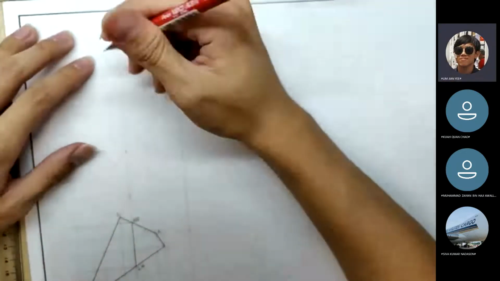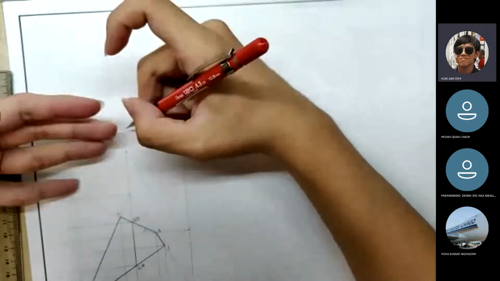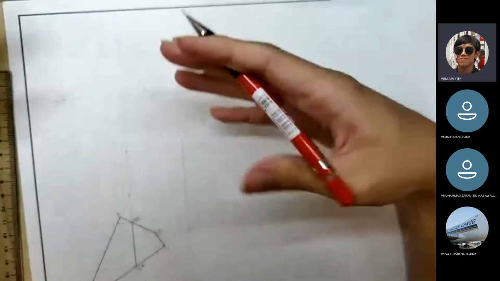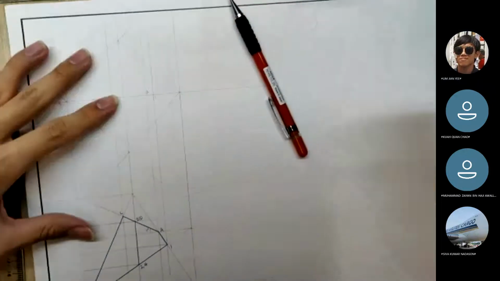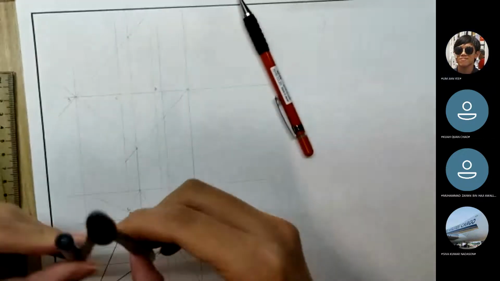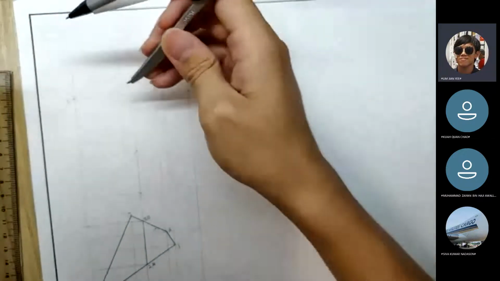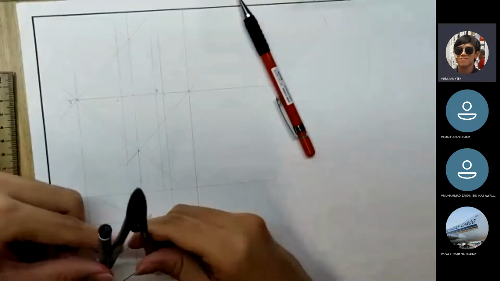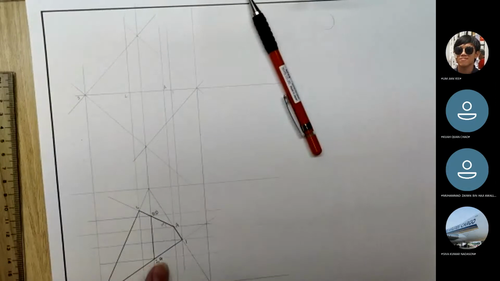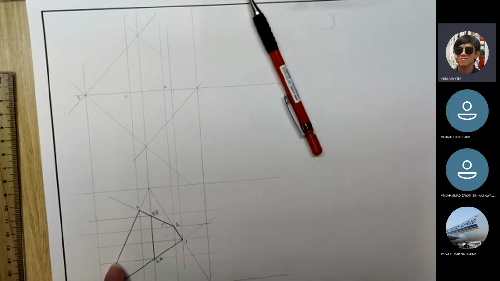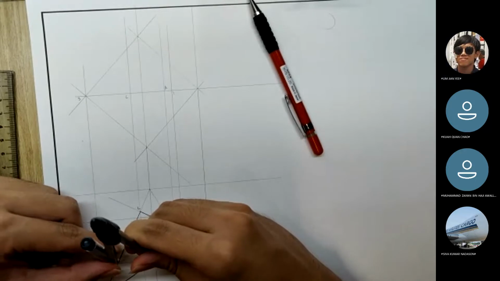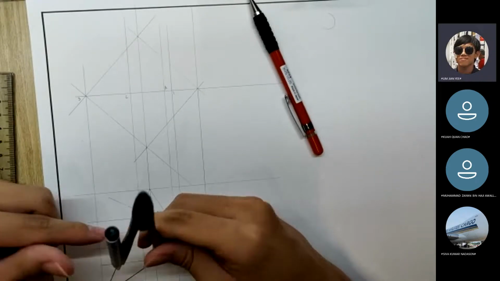Okay. Now the hard part. Where is 2? Where is 4? Where is B? Where is D? There's nothing to reference from. Okay, so for that, you see the horizontal lines I drew. What you're supposed to do is take your compass, measure 2, 4, the horizontal line to here.